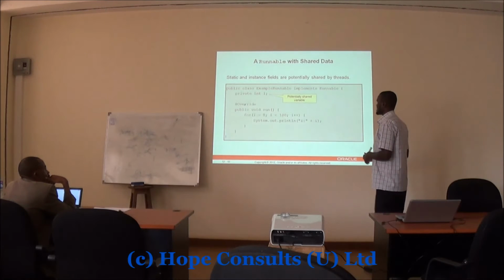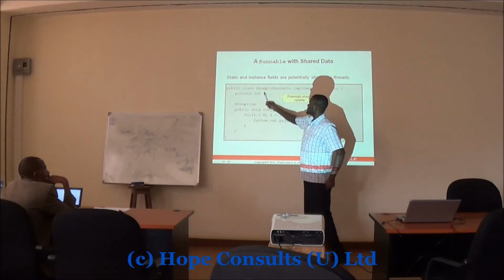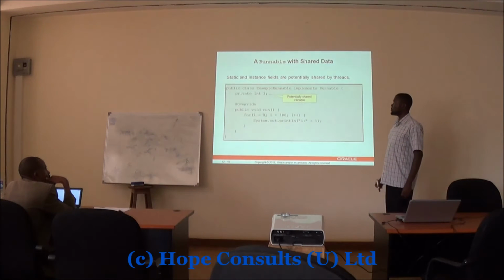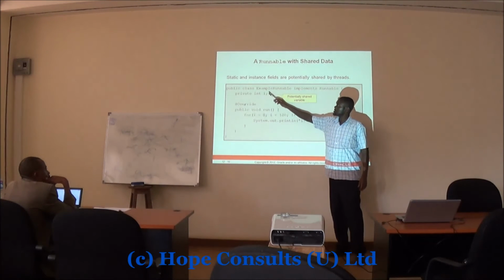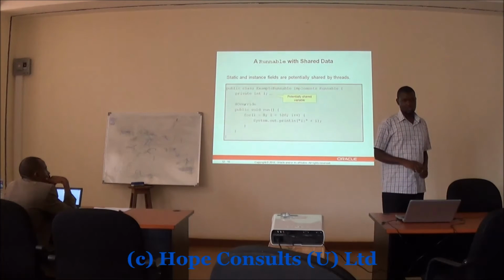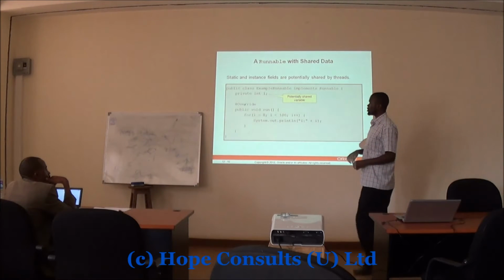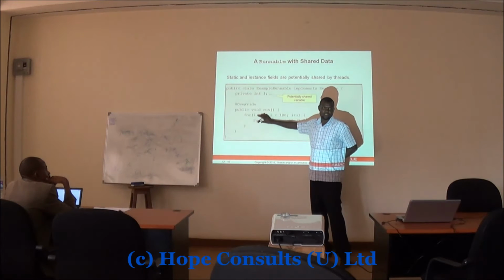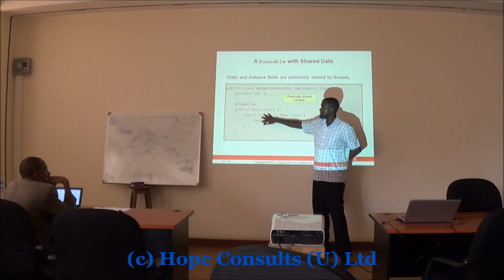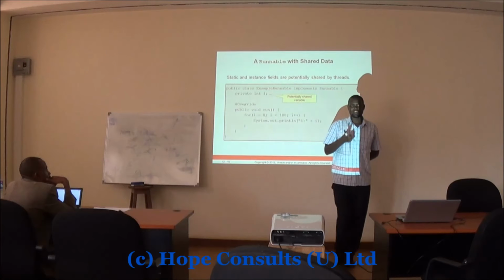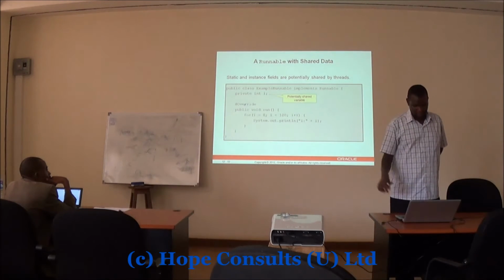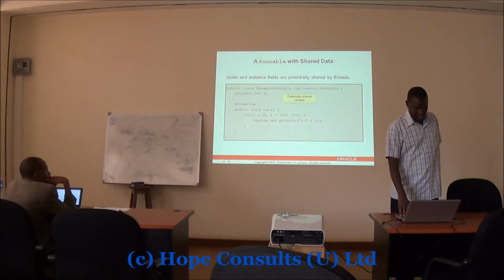In this case, for example, this is a private integer i, and there is a potential for this variable to be accessed simultaneously by several threads because it is not local to this method. Anything inside the run method will only be local to that particular thread. But if it is in the global area, then we will have to manage concurrency issues.